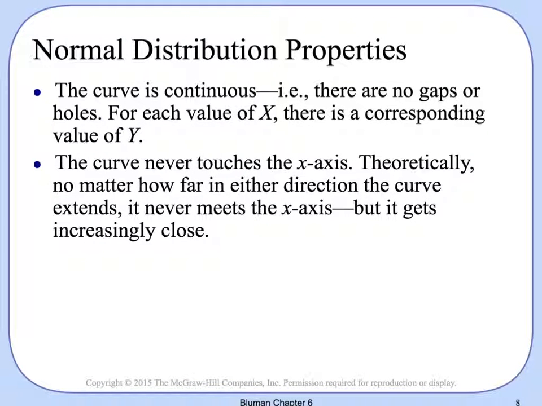Okay, this one is kind of interesting. The curve is continuous. What this means is there are no gaps or holes, and for every value of x, there's a value of y. That means this graph is continuous, perfectly continuous. Now, in reality, when you collect data, is any set of data perfectly continuous? No, okay? Because we can't find an infinite number of numbers.